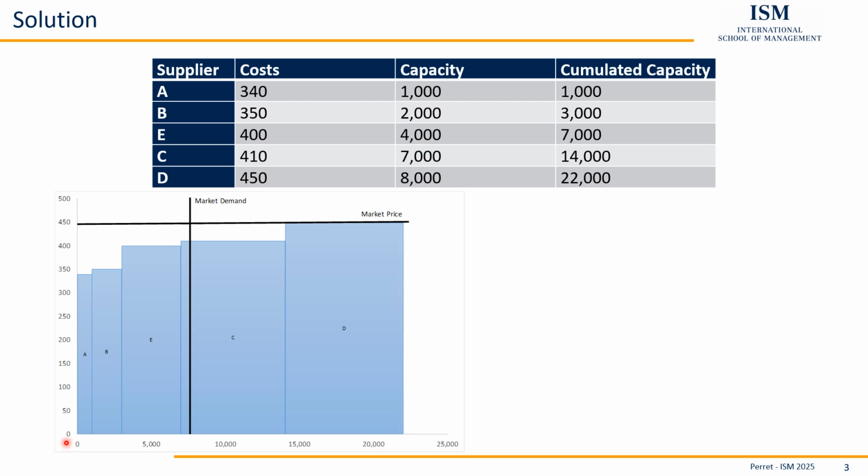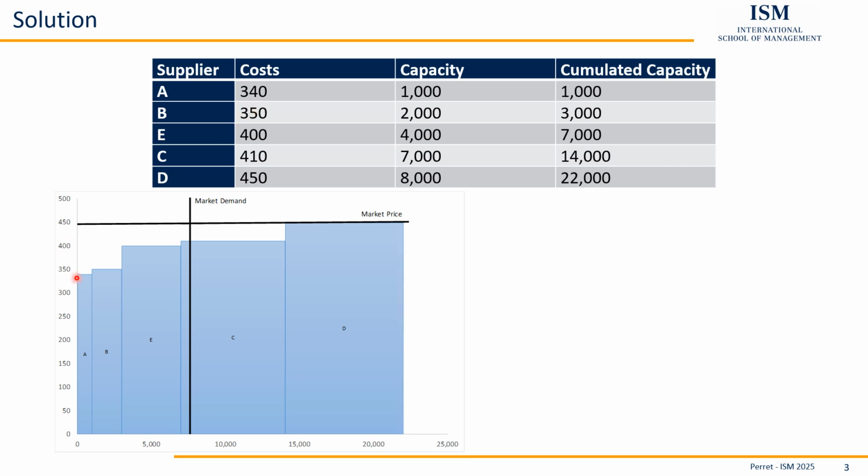So here I have on the x-axis the accumulated capacity, and I start at 0, and then I'm going to put 1000, 3000, 7000, 14,000, and 22,000. On the y-axis, I'm going to put the costs.